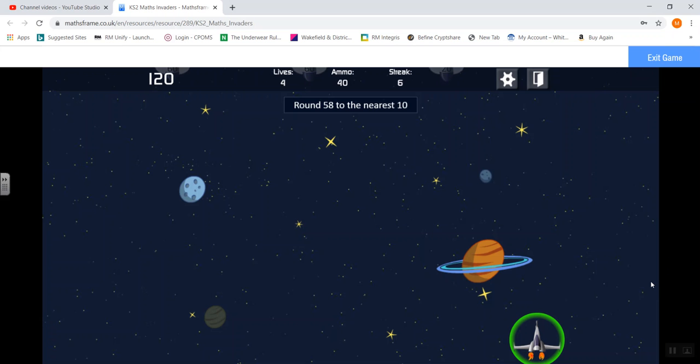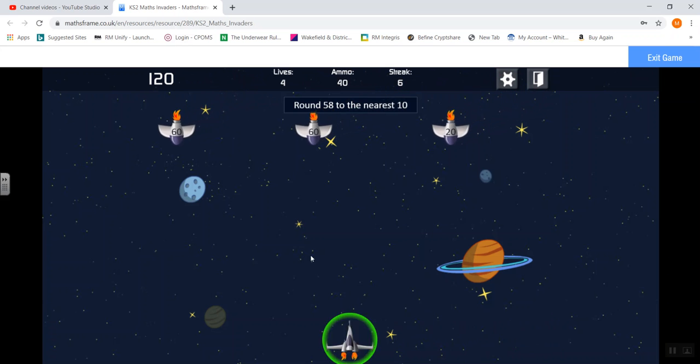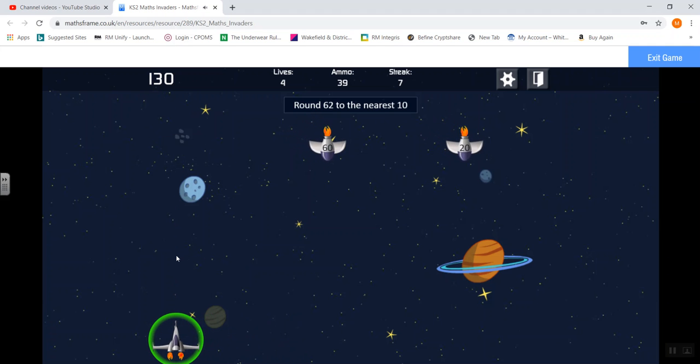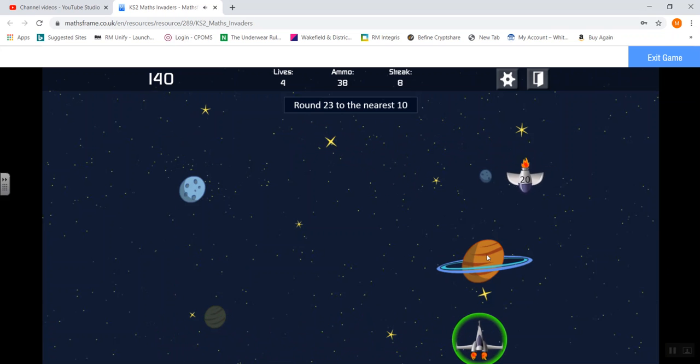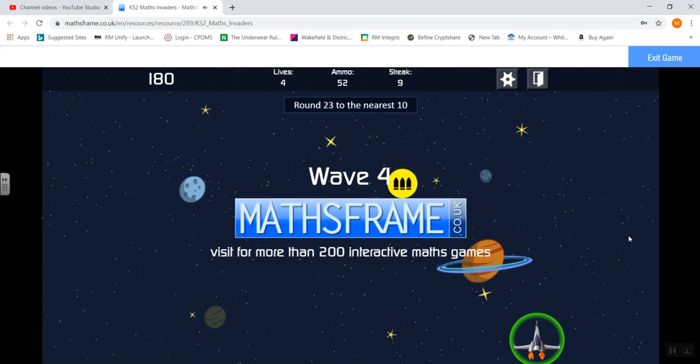58 rounded to the nearest 10. Here they come. 58 rounded to the nearest 10. 62 rounded to the nearest 10. 24 rounded to the nearest 10.